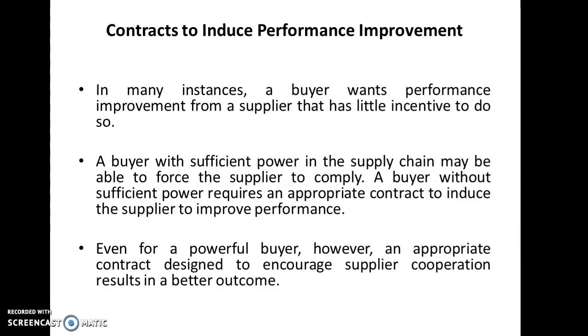But sometimes a manufacturer or buyer without sufficient power requires an appropriate contract to induce the supplier to improve performance. If a manufacturer does not have that much market share or power in the market, they have to provide some kind of contract to induce the supplier to improve the performance.